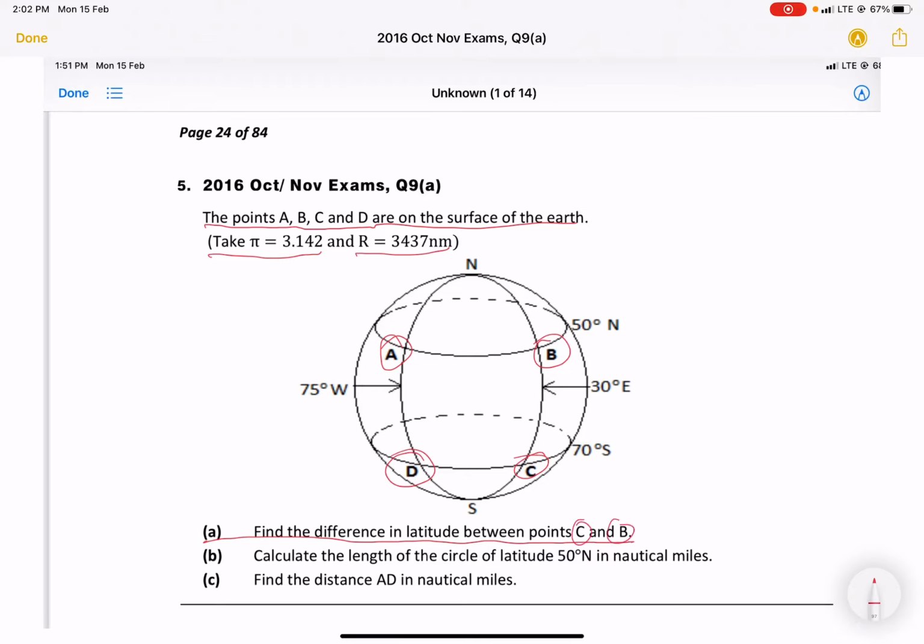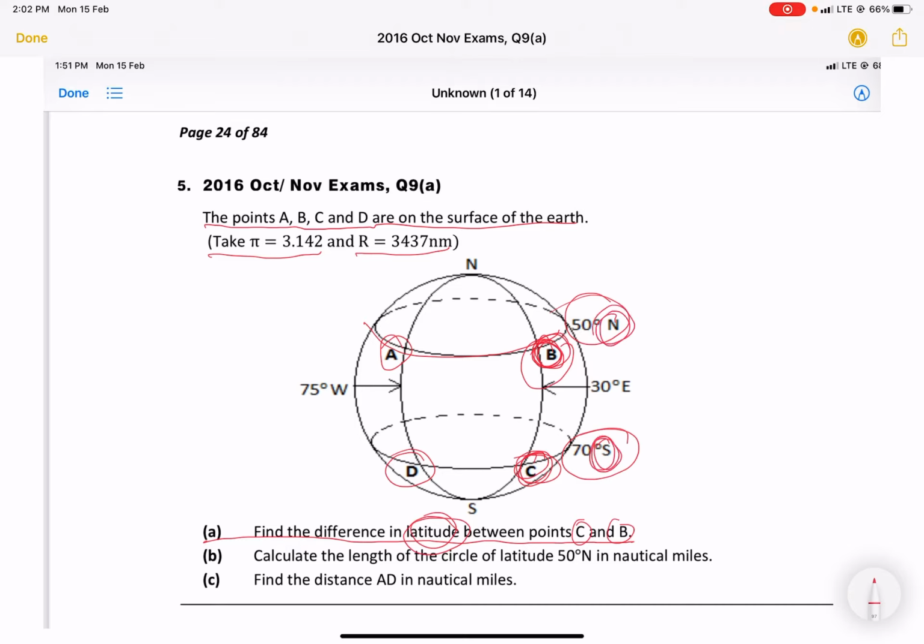Between point C and B. So we have C, then we have B. We are finding the difference in latitude. So on which latitude is B? B is on latitude 50 degrees north, then C is on latitude 70 degrees south. North and south are different poles.